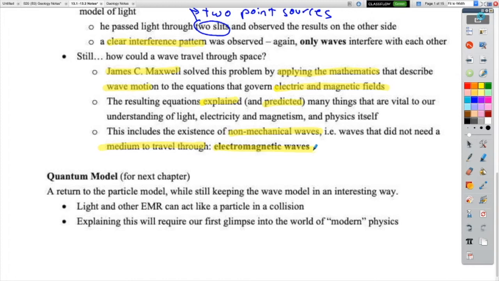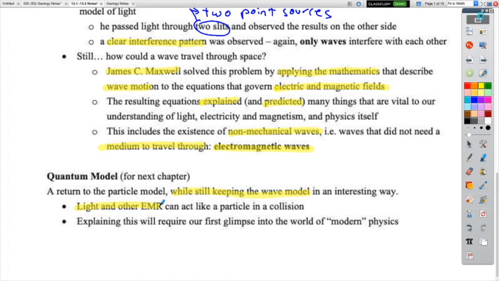So the next big model was the quantum model, and it actually features a bit of a return to the particle model while still keeping the wave model in an interesting way. Things are about to get a little funky for us next chapter. But the gist of it is that light and other electromagnetic radiation can act like a particle in a collision. So collision, hey, back to chapter 9, back to unit 1, okay? That was weird. Waves don't act like particles in collision.